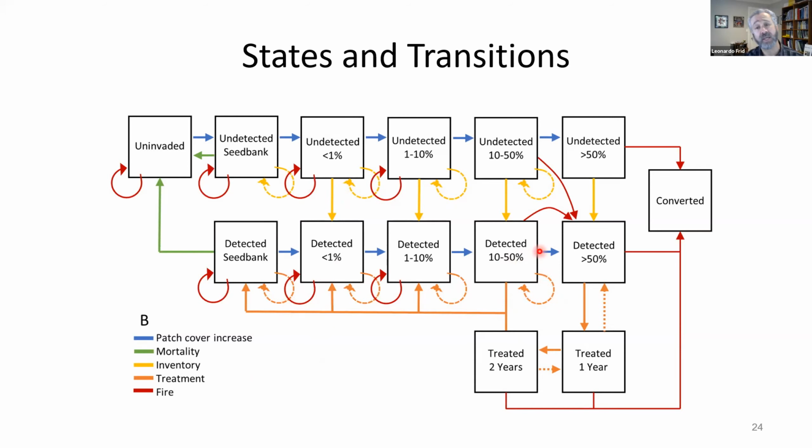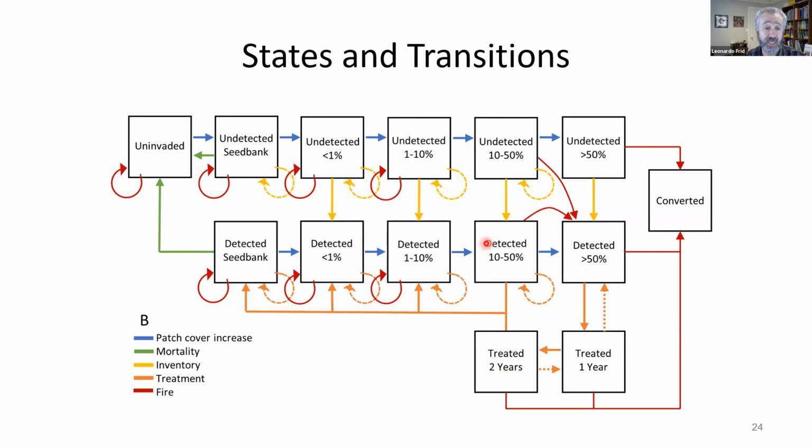And in fact, once you get to a particular density, over 50% cover, it really requires a repeated effort to be able to get the density down, because there's just so much seed present that just going and treating once is not enough. So you actually need to treat 3 years in a row to be able to get below the 50% density of Buffelgrass.